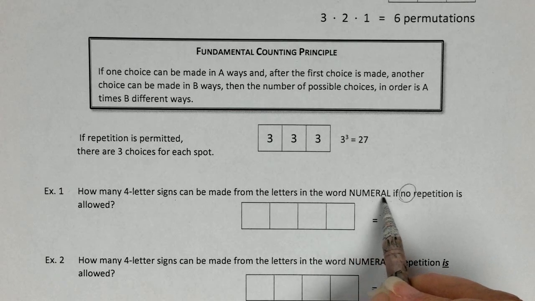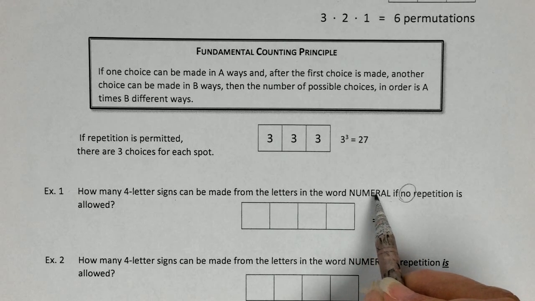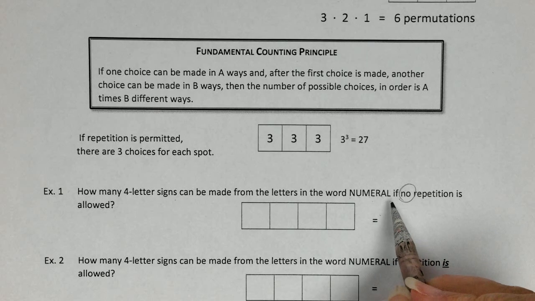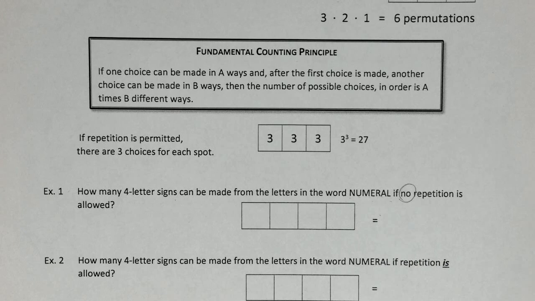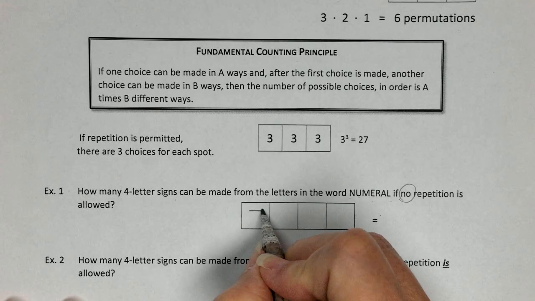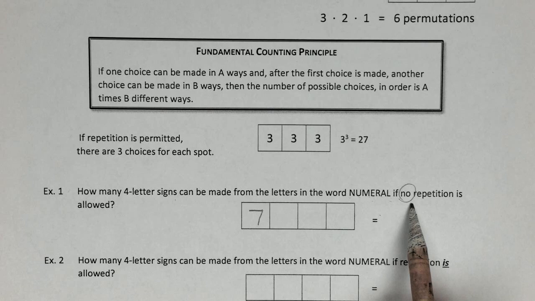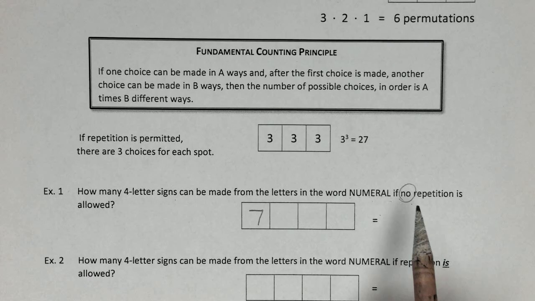None of these are repeated, so we have 1, 2, 3, 4, 5, 6, 7 letters to choose from. So in our first spot here, we have 7 to choose from, so I'm putting a 7 here. That's how many possibilities there are for the first choice. And we're not allowed to repeat, so after we've used one of those 7, how many do we have left to choose from now? 6.